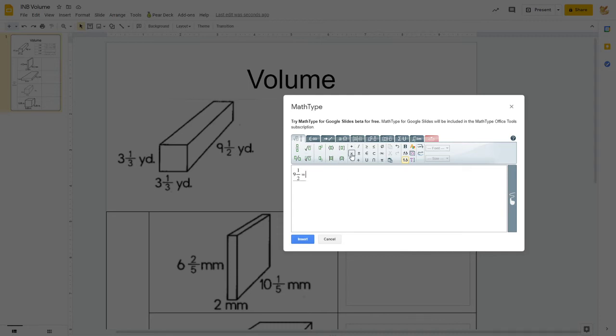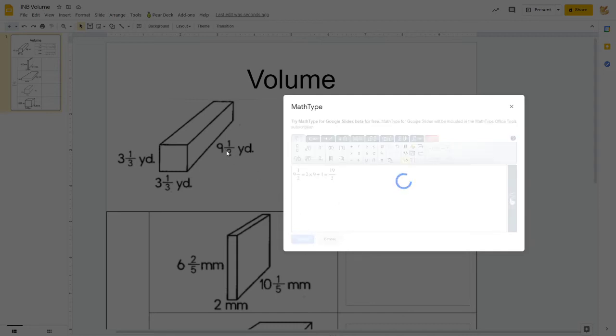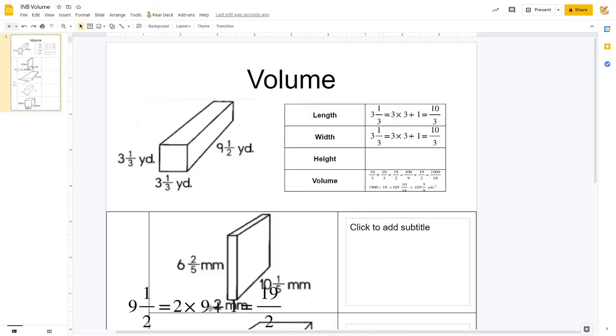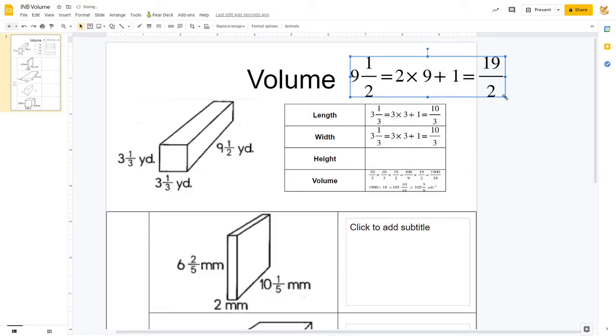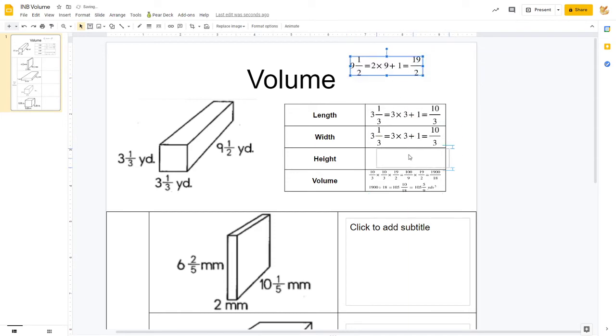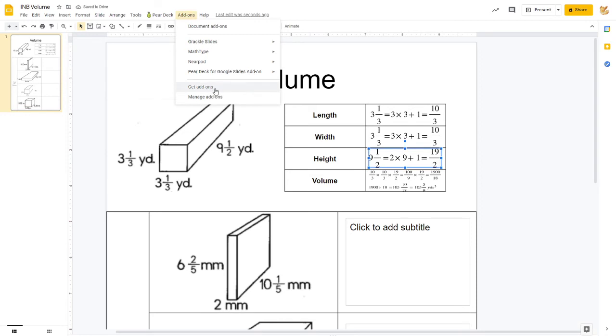Nope, not 9. 2 times 9 plus 1 equals 18 divided over 2. Nope. 19 over 2. And insert. Okay, got that fixed. Easy, simple fix. And like I said, if math type is not on your add-ons, you can go to add-ons and get them. Hopefully the district has allowed you to do that because that will greatly help you in doing these math problems from now on.